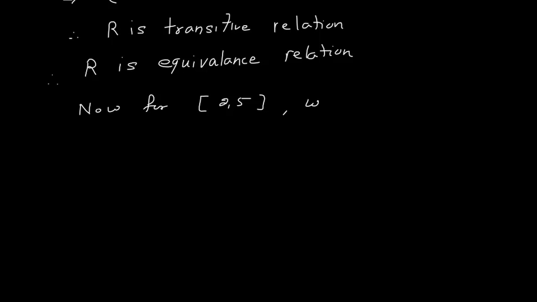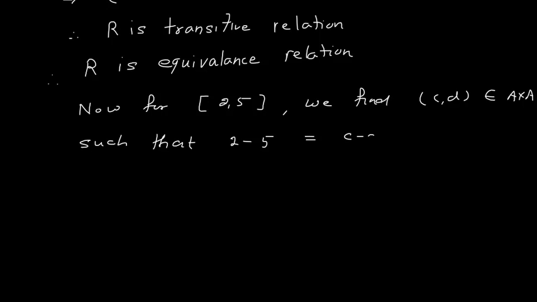We find (C, D) belonging to A cross A such that 2 minus 5 is equal to C minus D, that is, C minus D is equal to minus 3, or I will say D minus C is equal to plus 3.